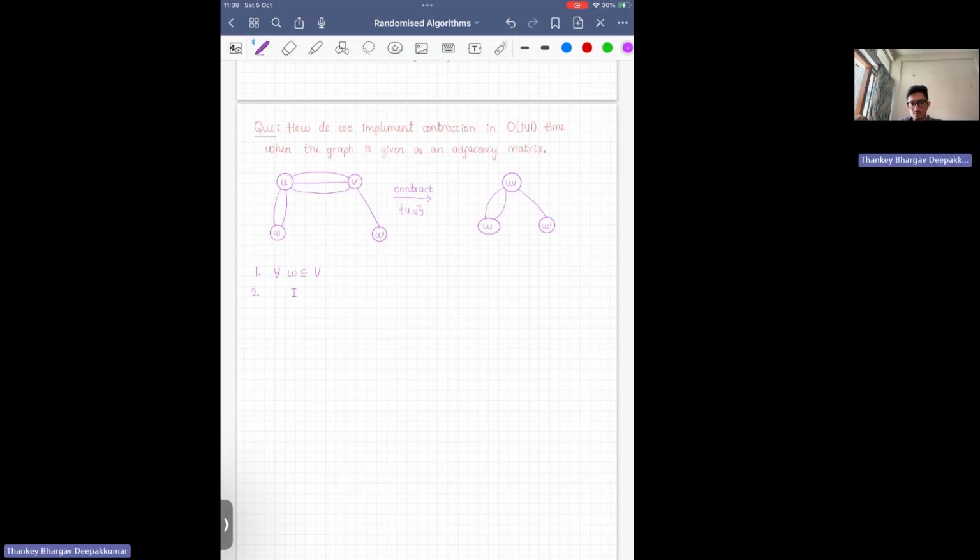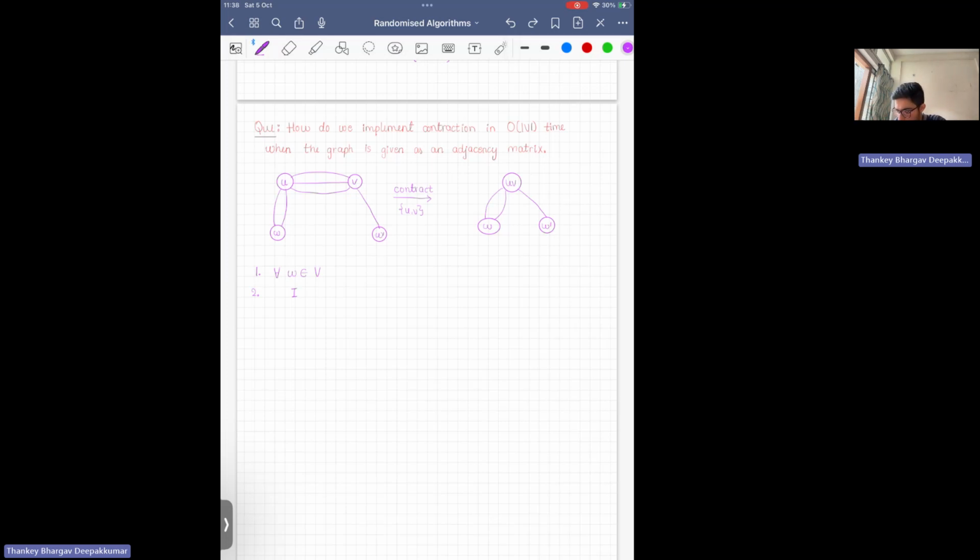We'll go over the row corresponding to V and the column corresponding to V. Whenever we find an edge between V and W, we would make that an edge between U and W. In this process, we are essentially removing the row and column corresponding to V, and you would make the row and column corresponding to U have all the edges that UV would have. So essentially U is becoming UV and V is being deleted.